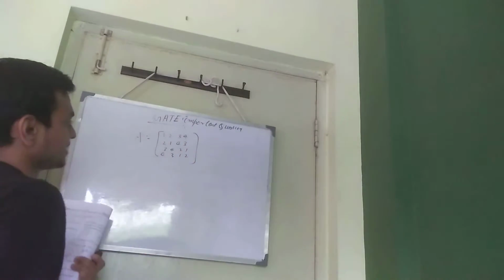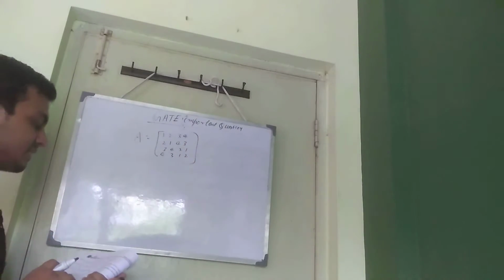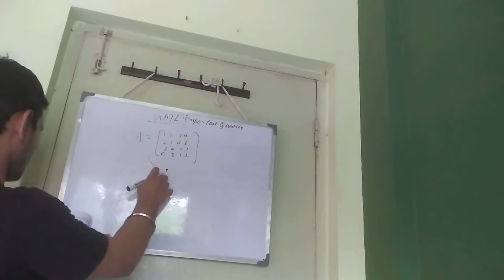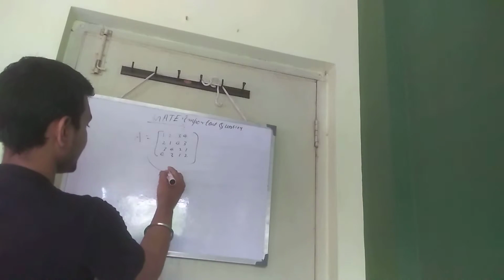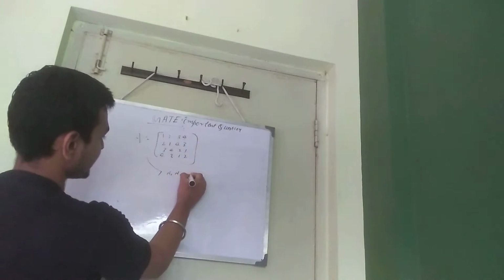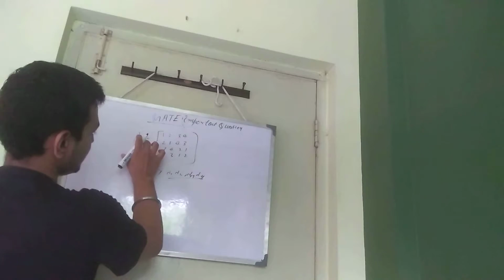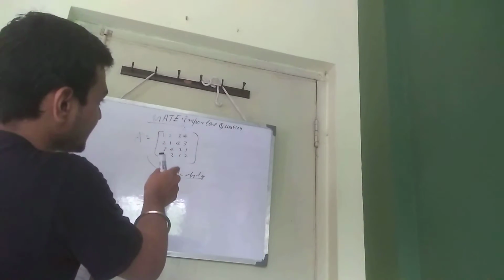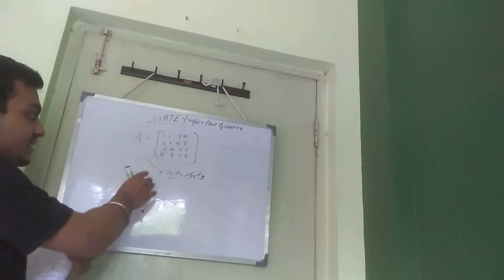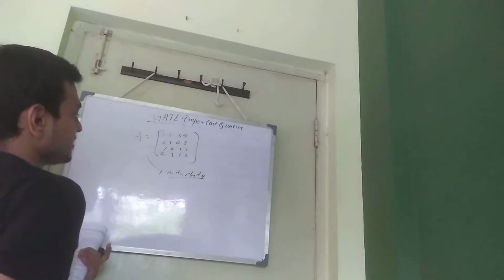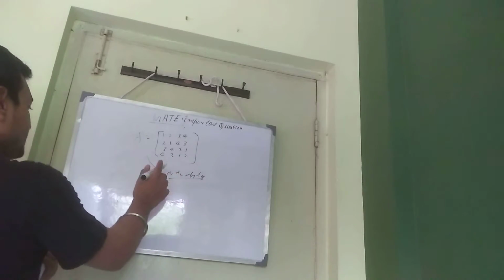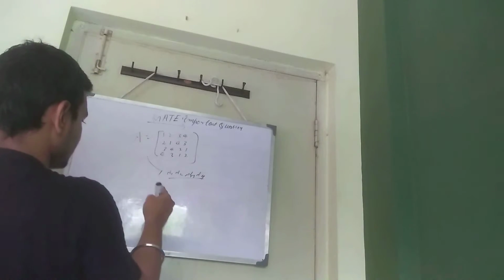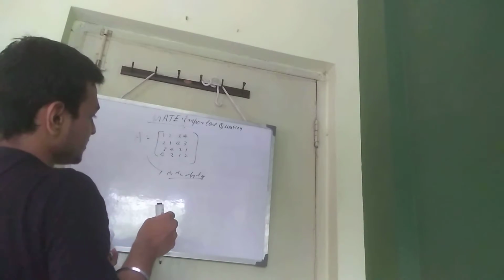That is the given matrix, and it says the matrix has four distinct eigenvalues, lambda 1, lambda 2, lambda 3, lambda 4, because you know that every matrix satisfies its own characteristic equation, and the roots of that characteristic equation are called eigenvalues. Also you know that every eigenvalue has a corresponding eigenvector.